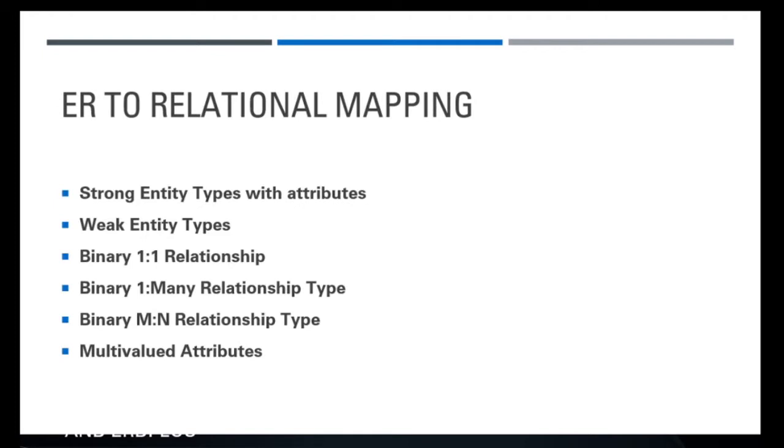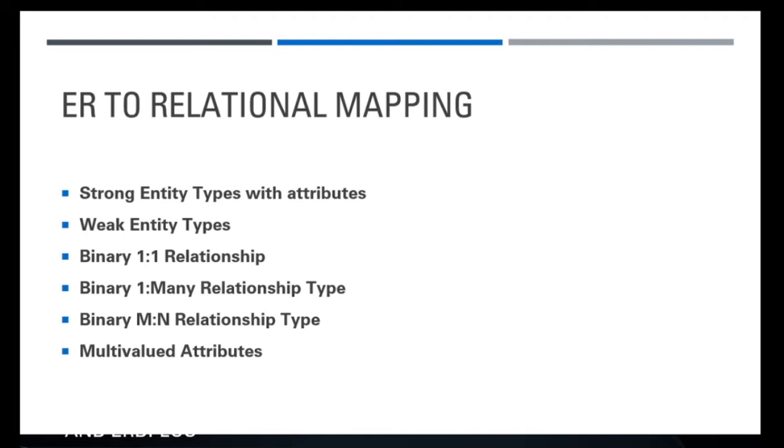For you to be able to create the relational schema, we have these steps. First, you look for the strong entity types, and then you look for the weak entity types. Next is the binary one-to-one relationship. Next is the binary one-to-many relationship type.